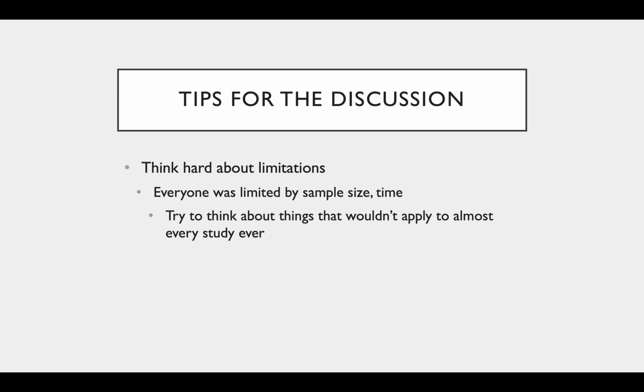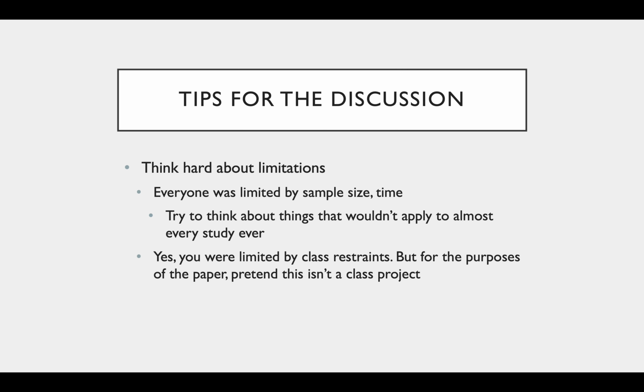So when you're thinking about limitations for your study, try to think about things that are more specific to your study and wouldn't necessarily apply to just any scientific study. So for example, yes, you were limited by class restraints and the whole setup of this class, but again, the whole point of this paper is to practice writing a scientific paper.